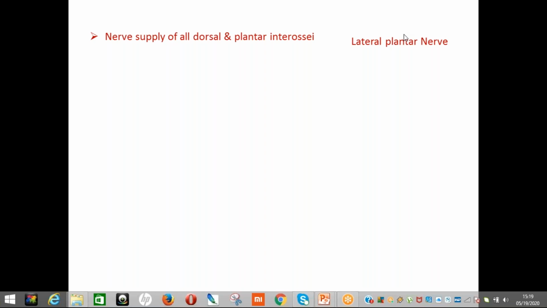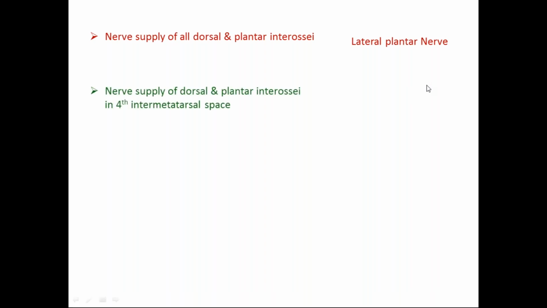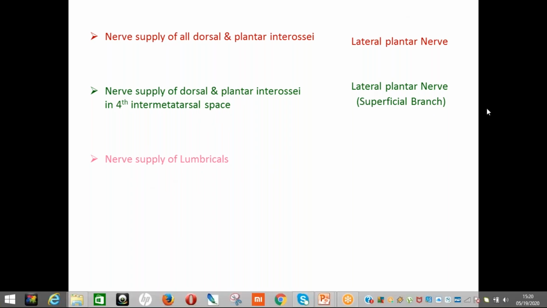Now, why does the word except come to your mind? Because the dorsal and plantar interossei in the fourth intermetatarsal space are also supplied by the lateral plantar nerve, but by the superficial branch. The rest of the intermetatarsal spaces, like the first, second, and third, are supplied by the deep branch.